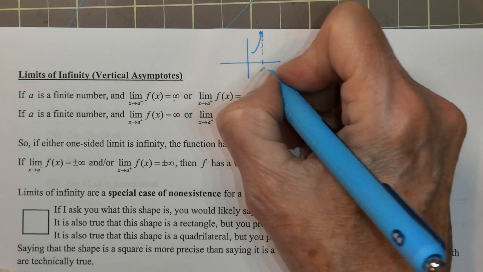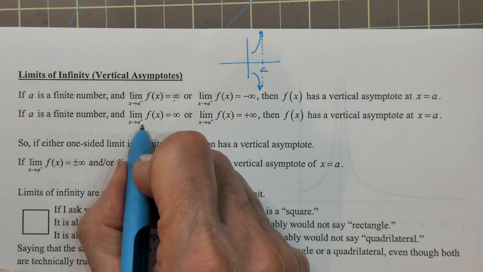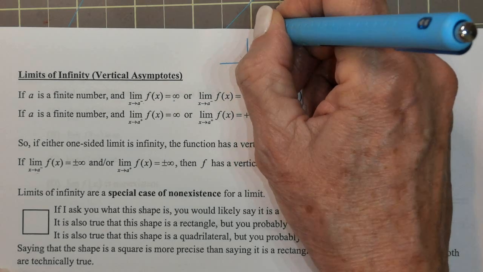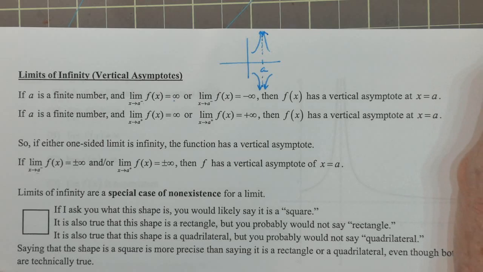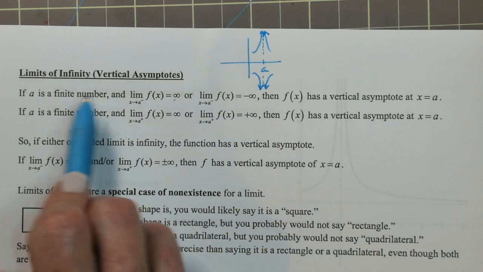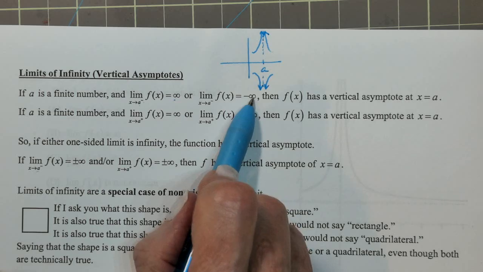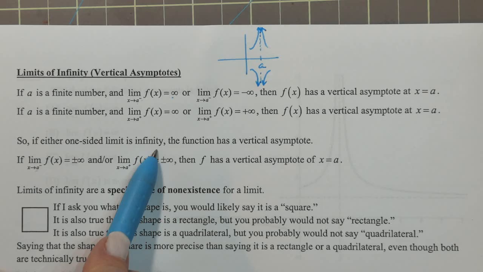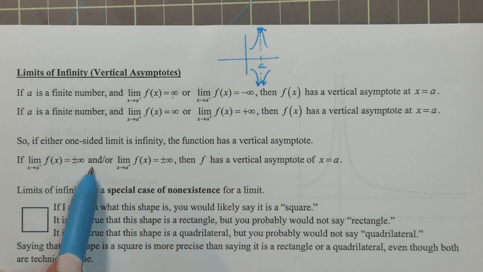Or negative infinity, it says. So either one would create a vertical asymptote. Or if we're approaching a from the right. Okay? So if you get infinity as x approaches a finite number, then you're at a vertical asymptote. If either one-sided limit is infinity, it has a vertical asymptote. Okay? Here's another way to write it.